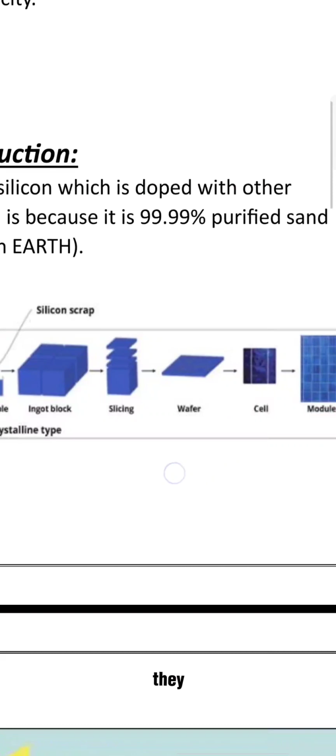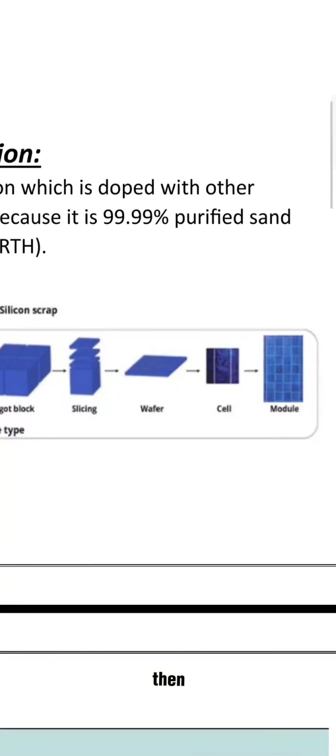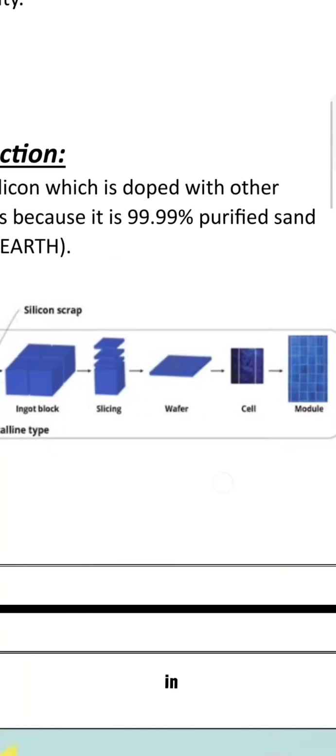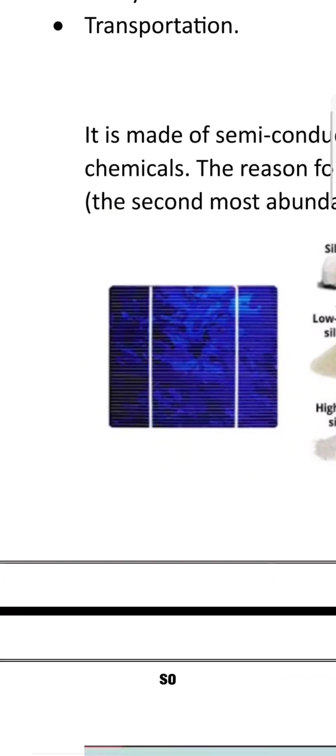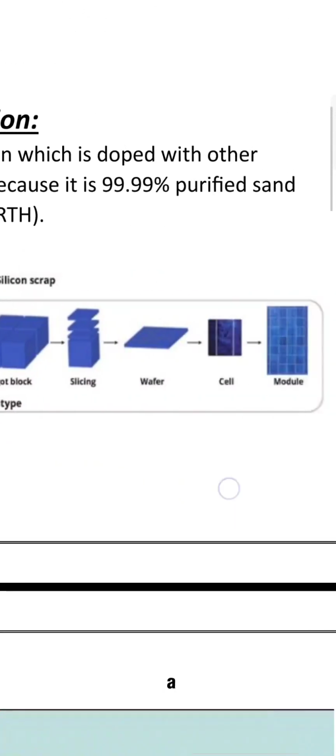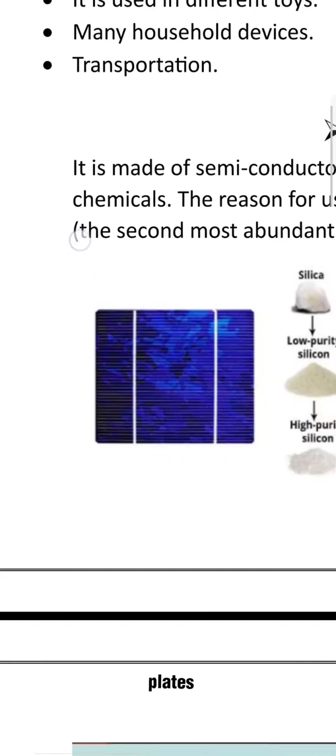After slicing it, they are converted into wafers. Then stacking the wafers in one place like this. These lines here show wafers, and this whole block here is a cell. So these small lines represent a wafer, and these two lines on top of the cell are the metallic plates.